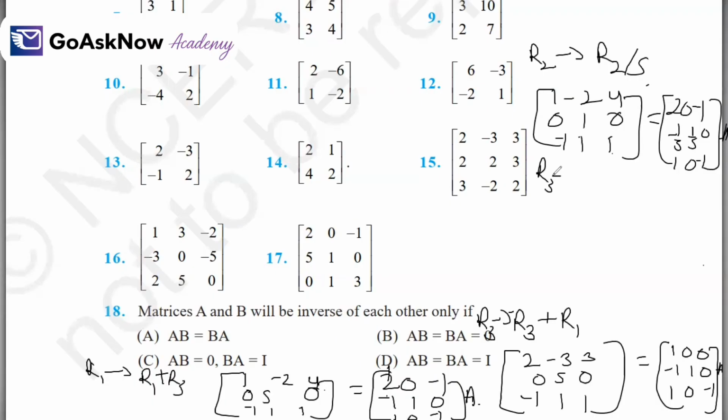Now, what you can do in the next step: row 3 changes to row 3 minus row 2. So you will get 1, minus 2, 4, 0, 1, 0, minus 1, 0, 1. Okay.